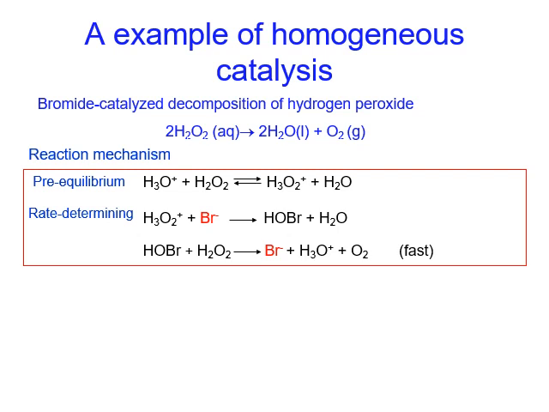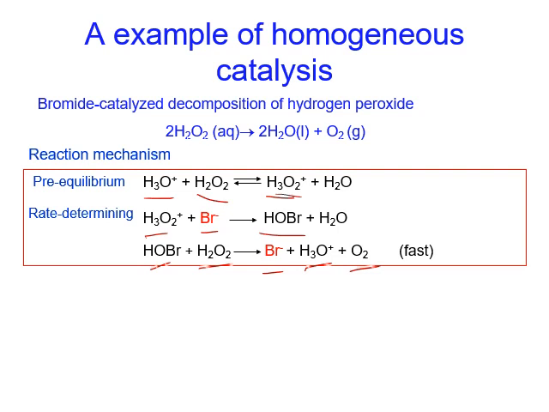In the first step, hydrogen peroxide reacts with acid and is protonated, giving protonated hydrogen peroxide. The protonated hydrogen peroxide reacts with bromide and forms an intermediate, HOBr. This intermediate reacts with another hydrogen peroxide, giving back bromide and the hydrogen ion and oxygen gas.